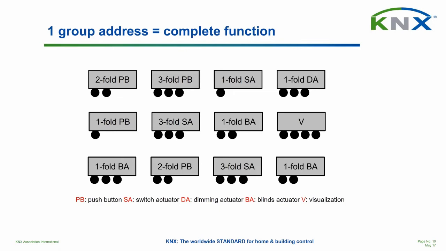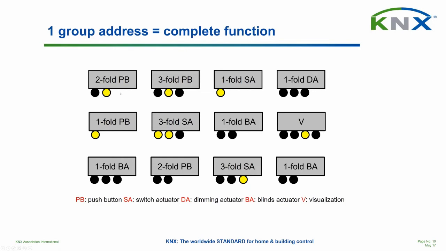Now the point I want to make here is that there are functions in KNX that just need one group address. So let's make an example. I've put up such a function here. What we can clearly see is that I have created a function that is distributed over different devices.